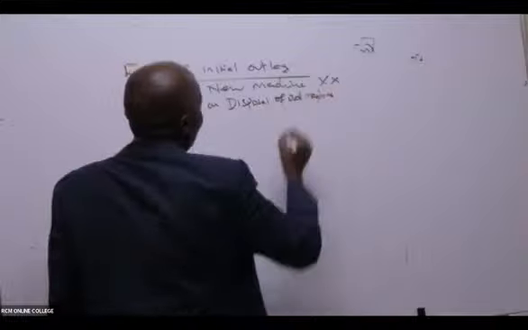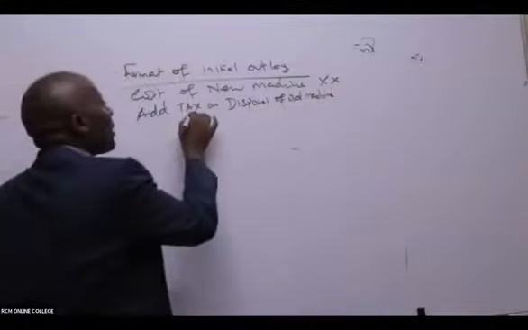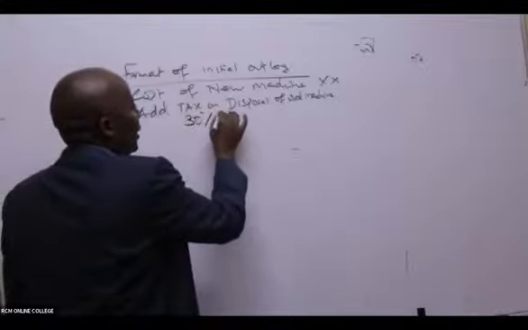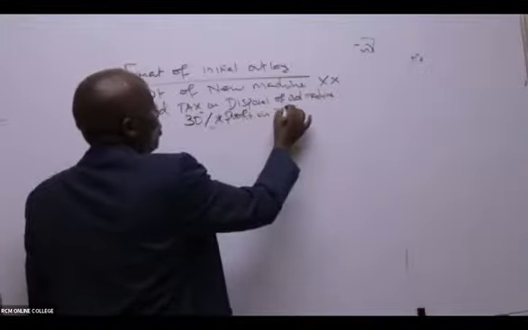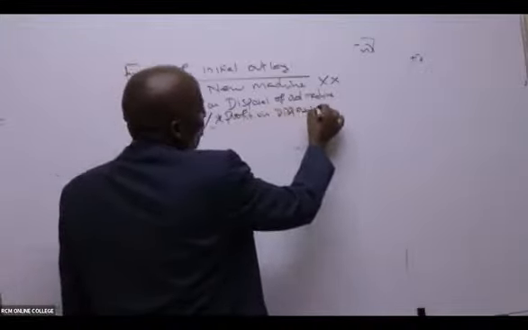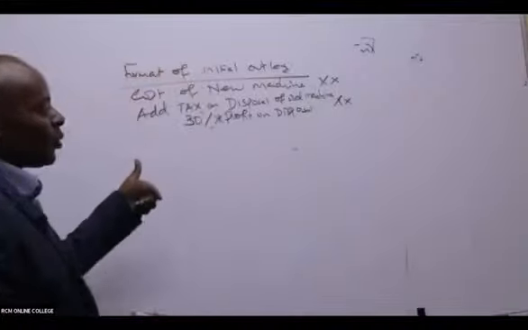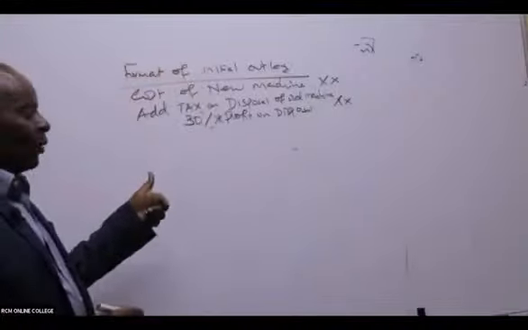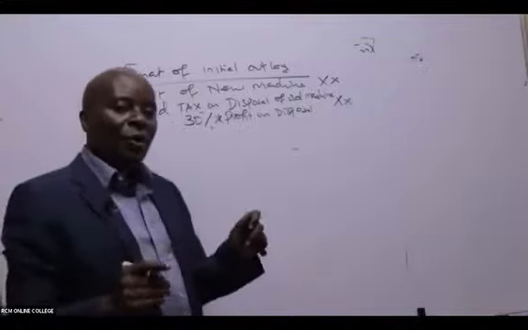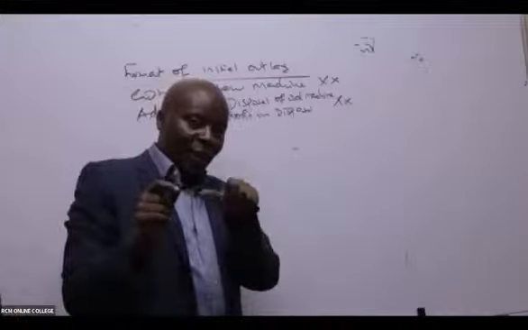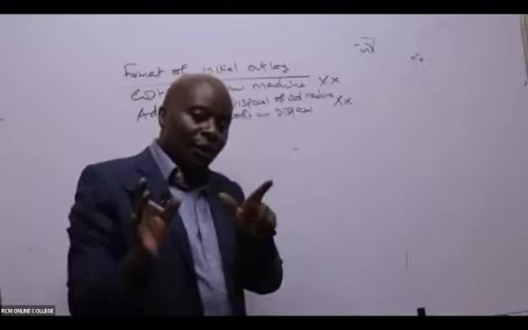Basically, we'll take the rate of tax, which perhaps would be 30%, times the profit on disposal of old machine. You add. Of course, if it's a loss, you subtract. But in most cases it will be a gain. If it's a gain, you'll be told, hey, you sold the old machine, give us something.